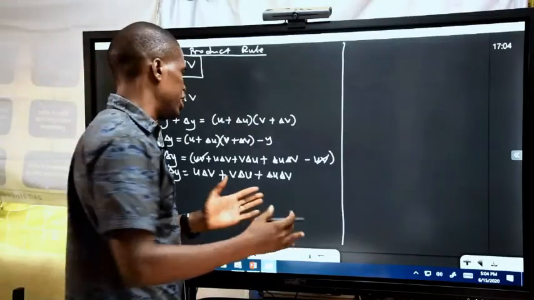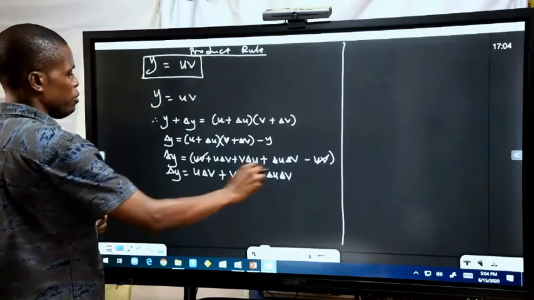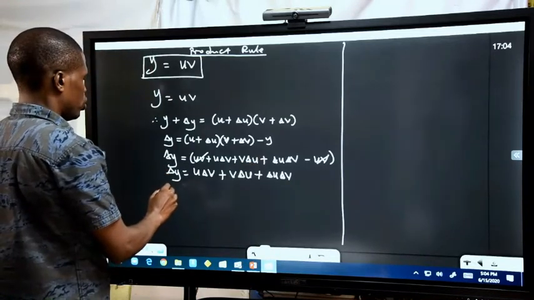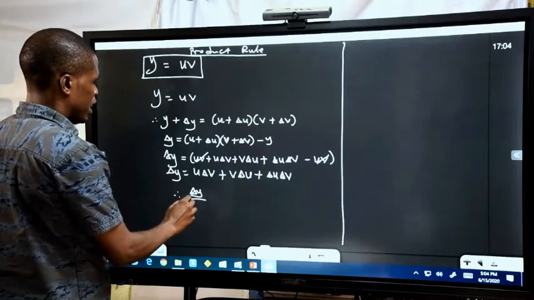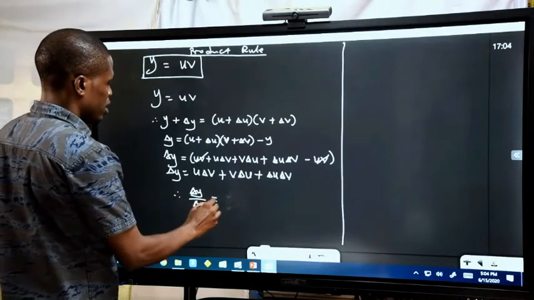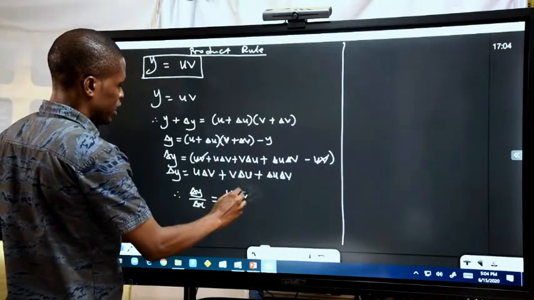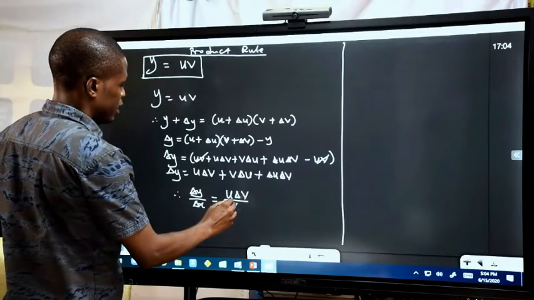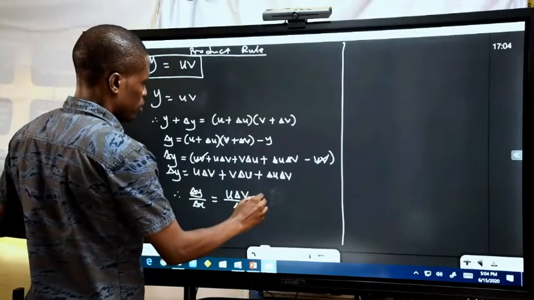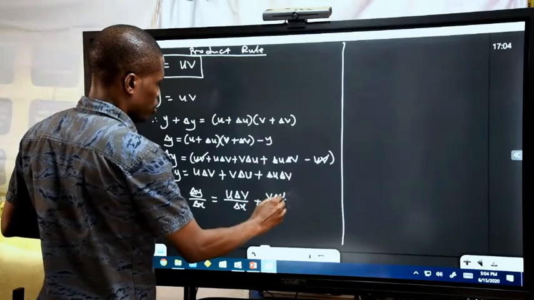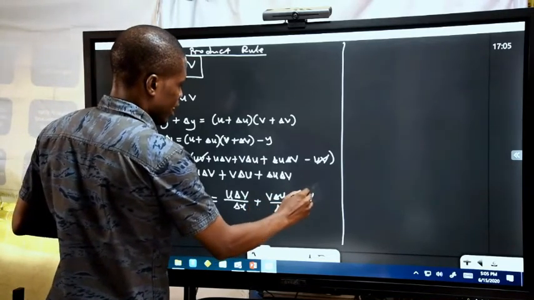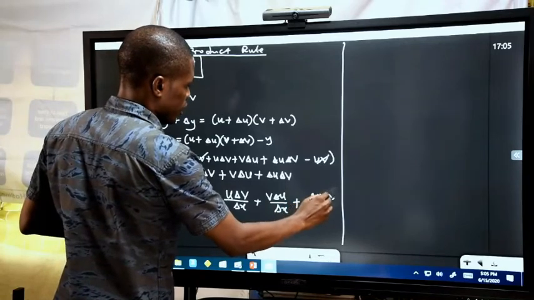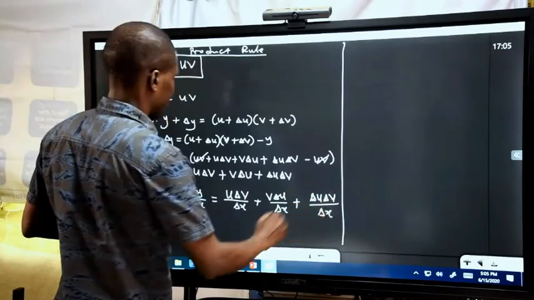So with this, we can divide through with delta x. So when we divide through with delta x, we say delta y divided by delta x is equal to u delta v divided by delta x plus v delta u divided by delta x plus delta u delta v divided by delta x.